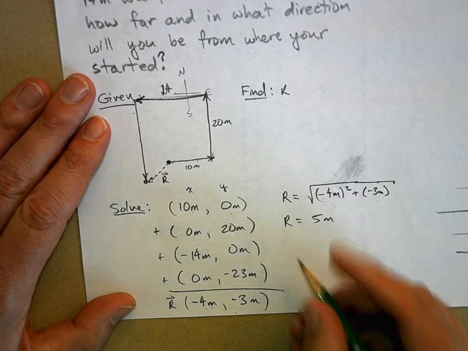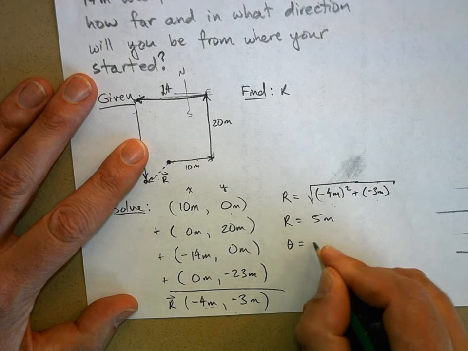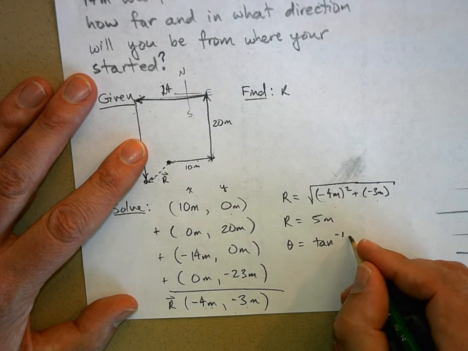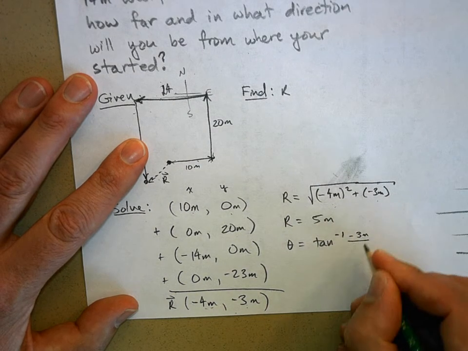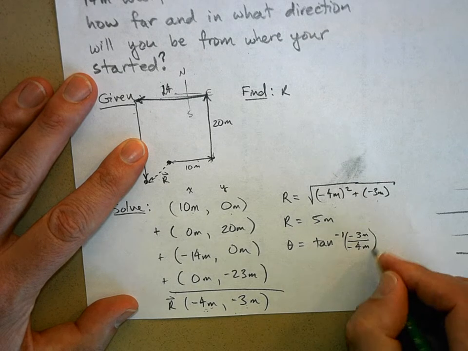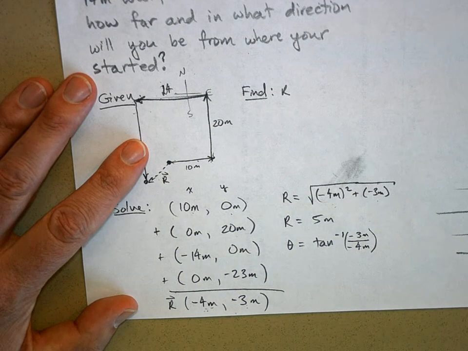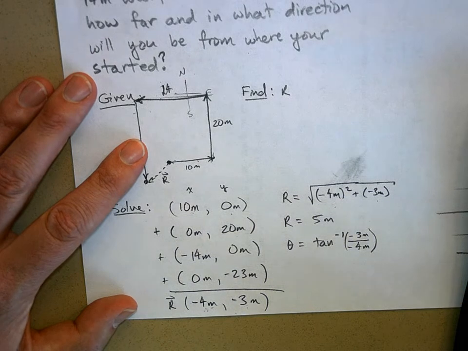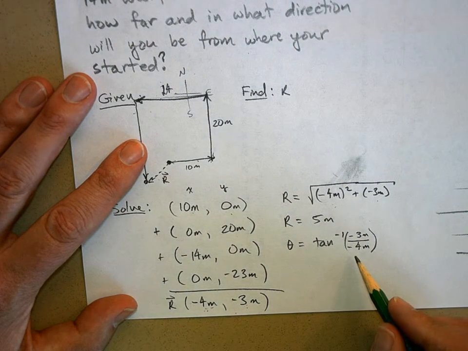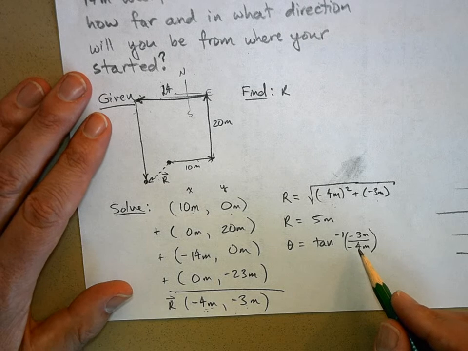And then for the angle, we have the inverse tangent of the y over the x. Okay, get your calculator out. Now, one thing you got to do when you do this is not take the inverse tangent of -3.